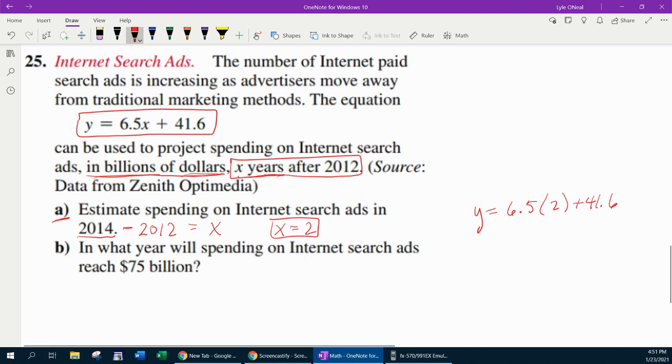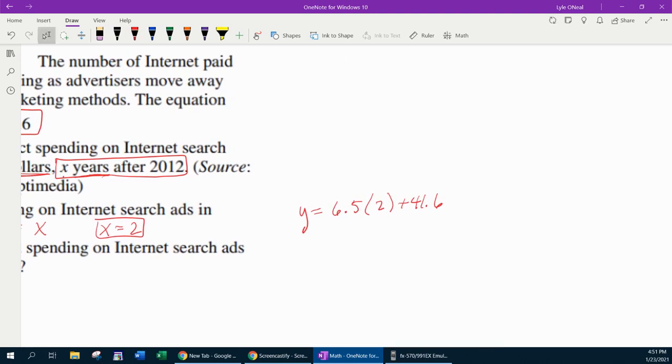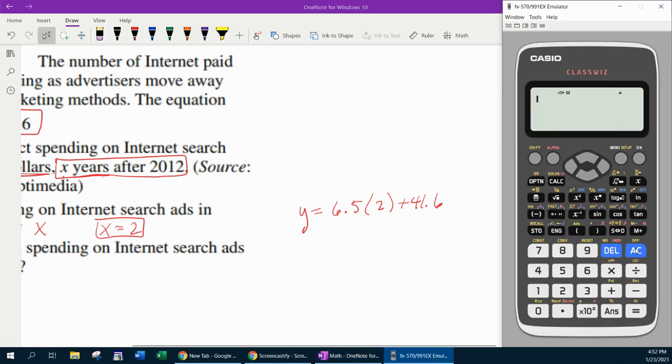I highly recommend using the calculator for that. So we're going to have 6.5 times 2. Notice I can do times 2 or I can do the parentheses. Either way, it's going to multiply, plus 41.6, equals.